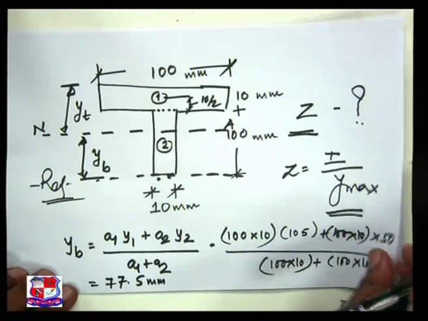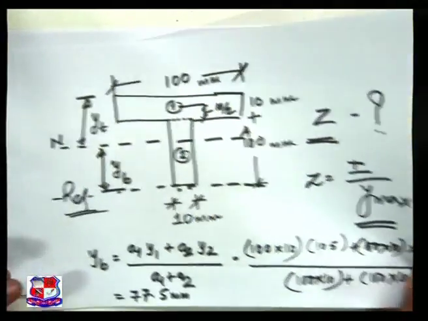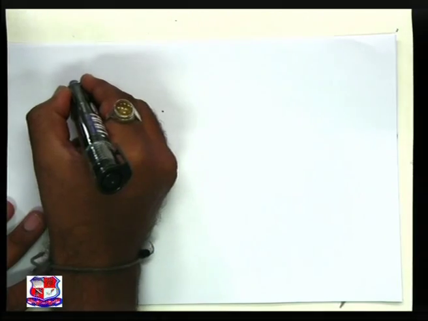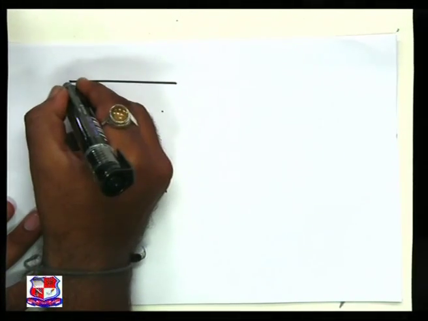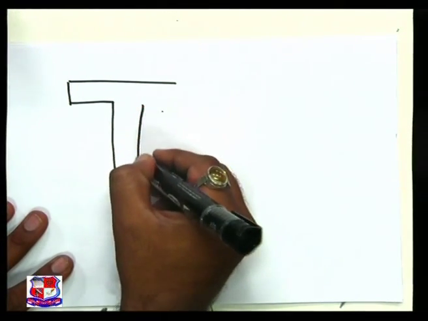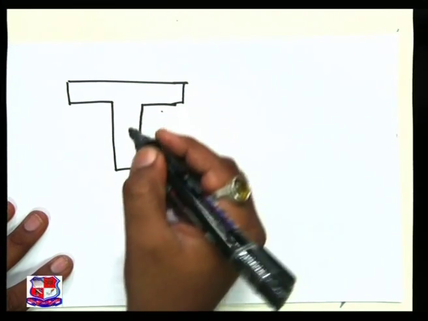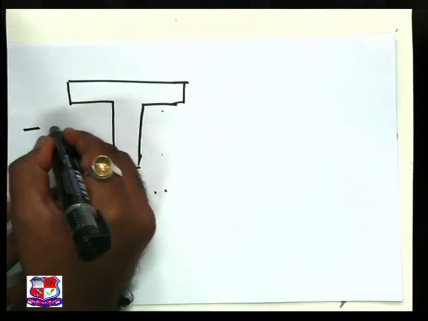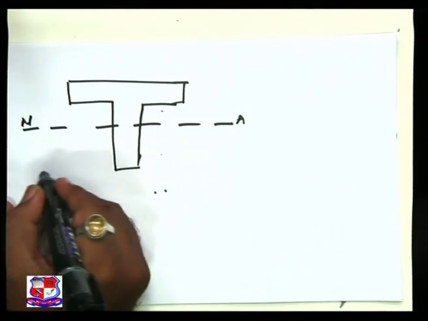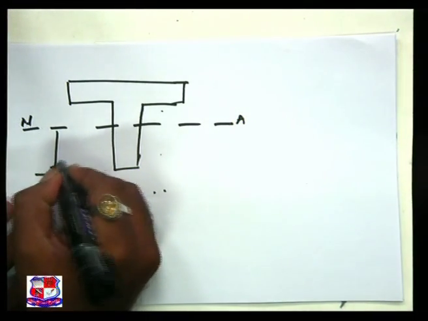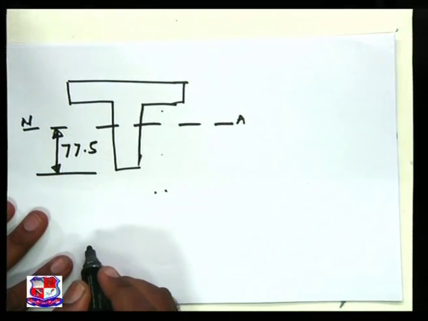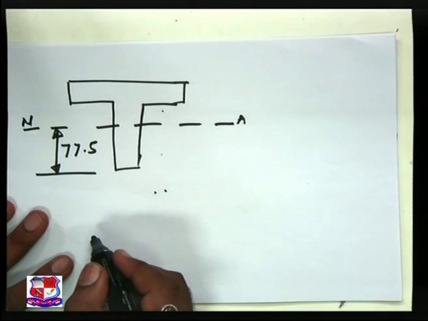So if I redraw my figure on this next page, please observe over here on this tabletop. This is my neutral axis that I have got, and this distance I got as 77.5, and this is nothing but my yb.